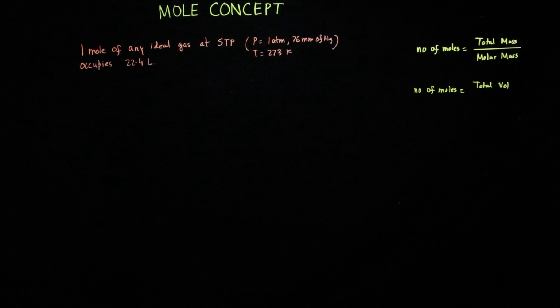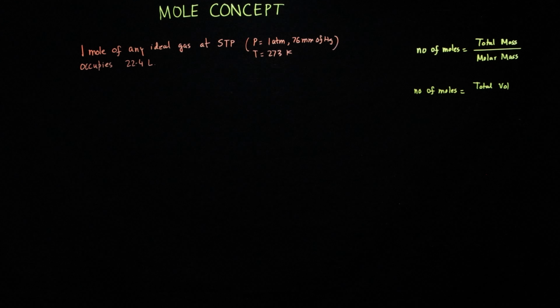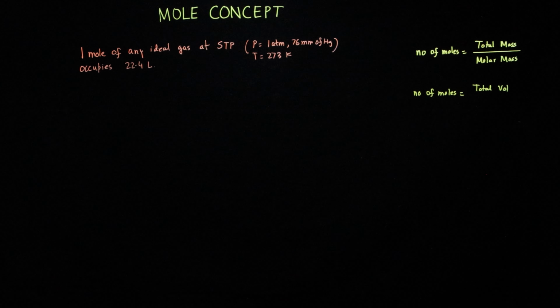Let me introduce another concept of mole. 1 mole of any ideal gas at standard temperature and pressure, which is defined as 1 atmospheric pressure and 273 Kelvin, exactly occupies 22.4 liters. This is applicable only for ideal gases and at STP.